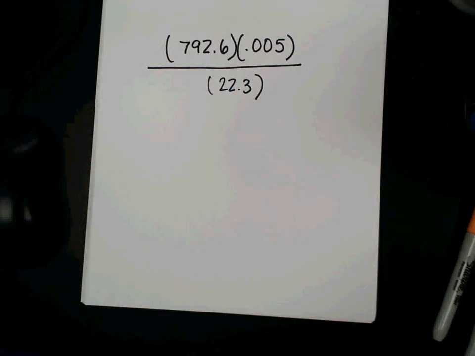What are you going to do first in this problem? Multiply and then divide. Let me punch it in my calculator and see what I get. 792. Yeah, it's going to be a little number.